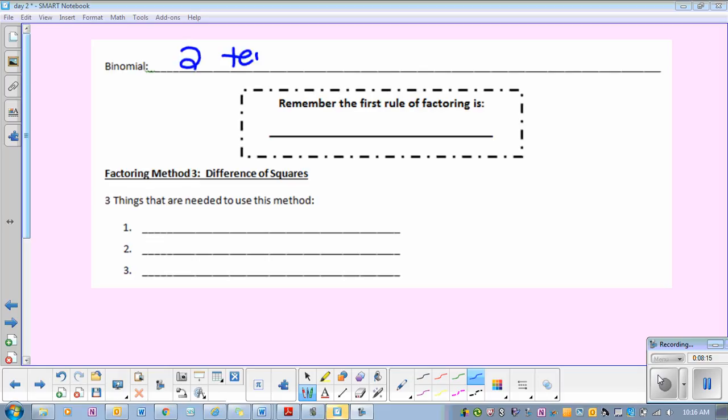A binomial has 2 terms. So all the factoring we're doing today is for 2 terms. And remember, the first rule of factoring is what? It's always the first step. GCF. Remember, the first step is GCF.